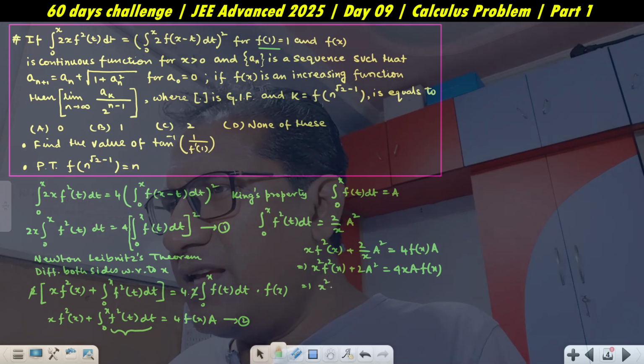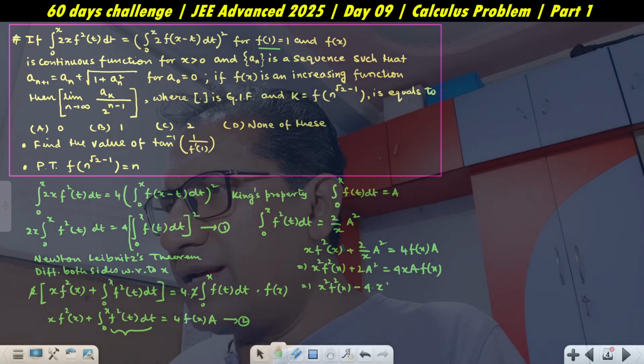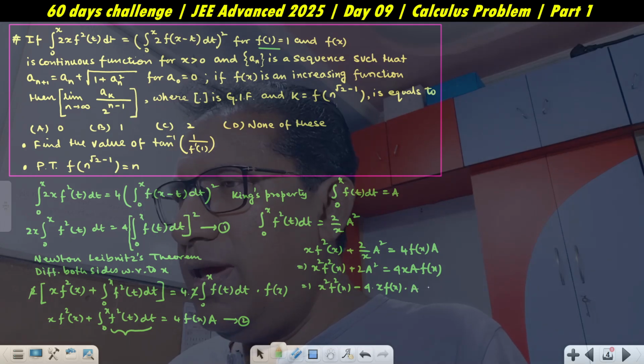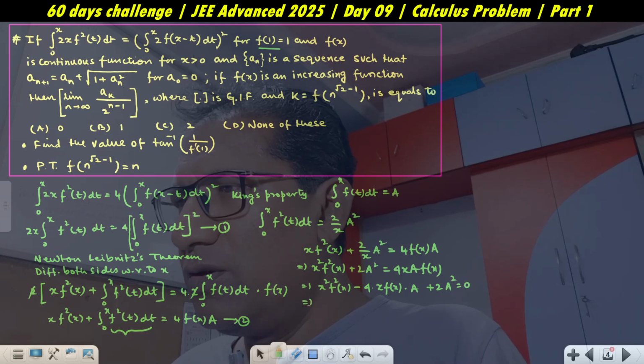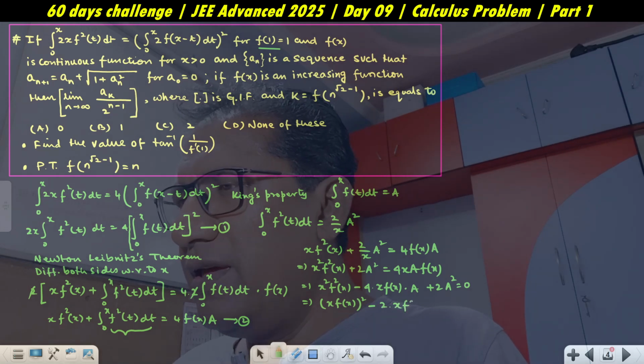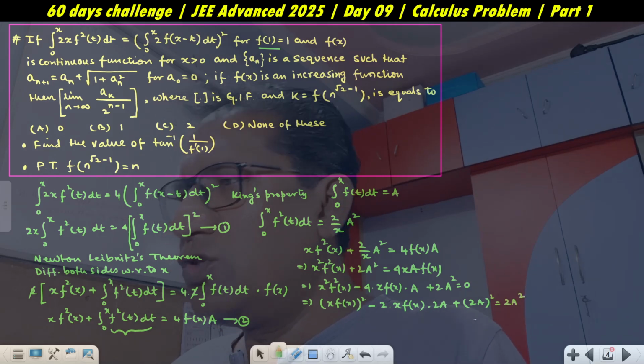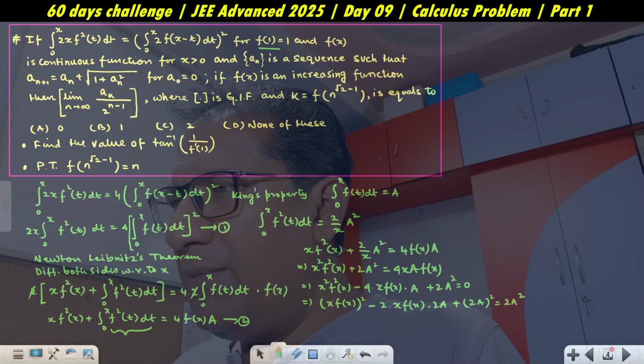Now this gives us x squared f squared x minus 4x f of x into A plus 2A squared is 0. So you can write this thing like (x f of x) whole square minus 2 times x f of x into 2A, and let me write this thing as (2A) whole square, that is equal to 2A squared. Am I correct?